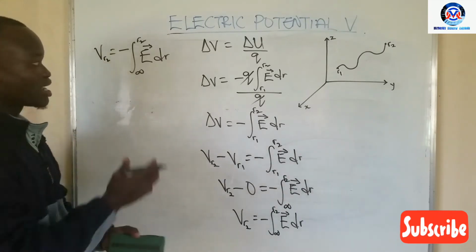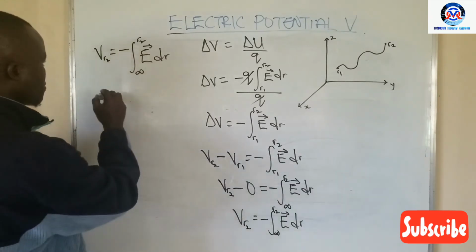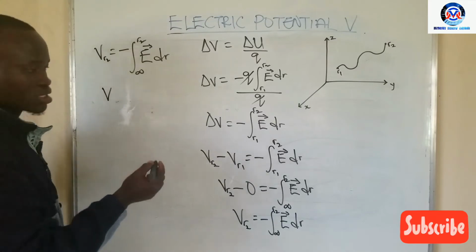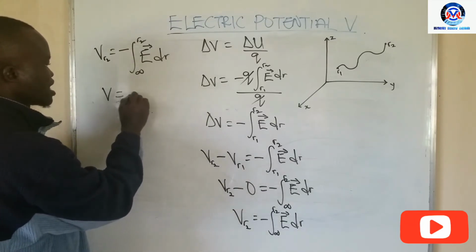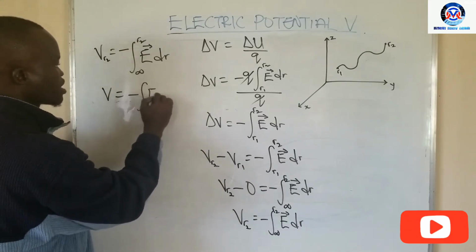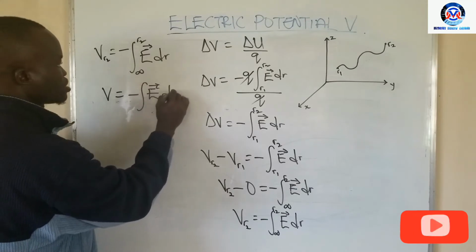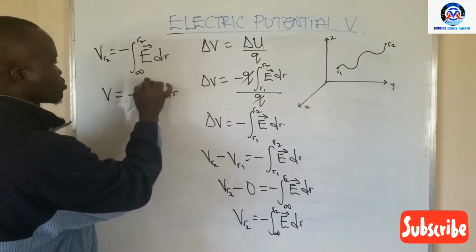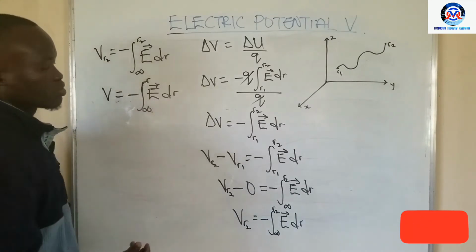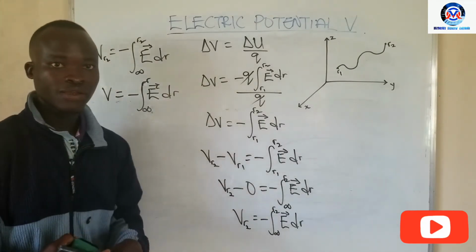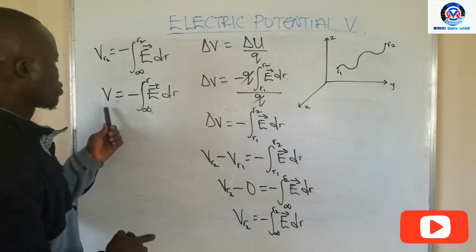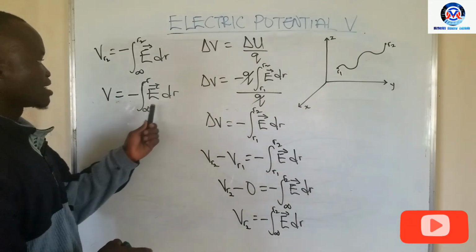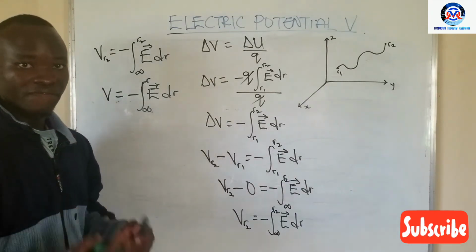So we can generalize this: the potential at any point is simply the negative integral of E dr from infinity to a point R in the electric field. So this is the relationship between V and the electric field vector.